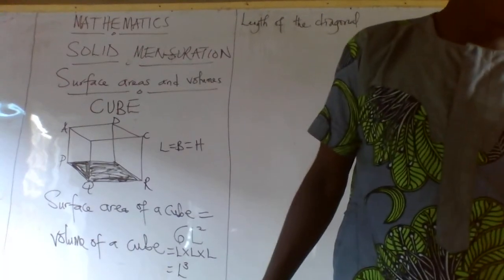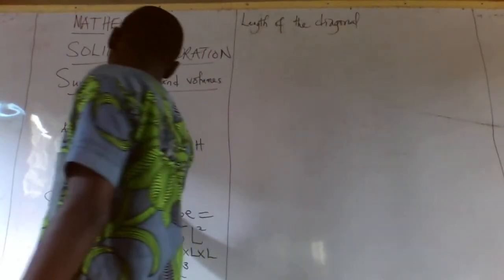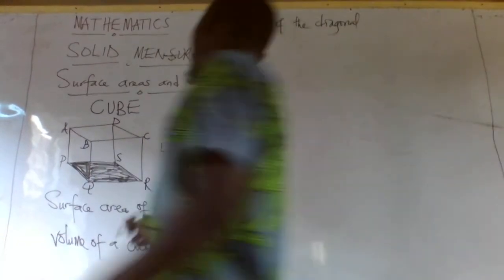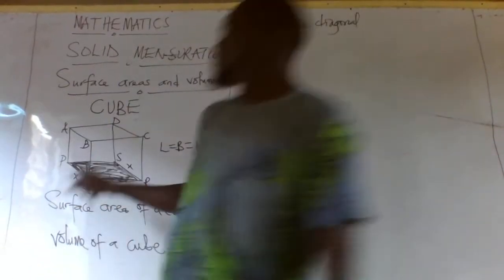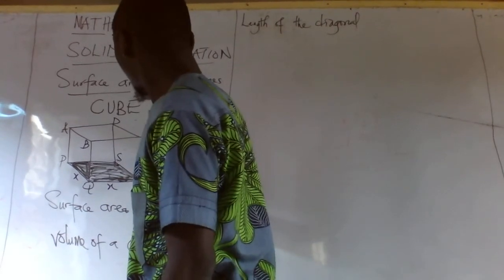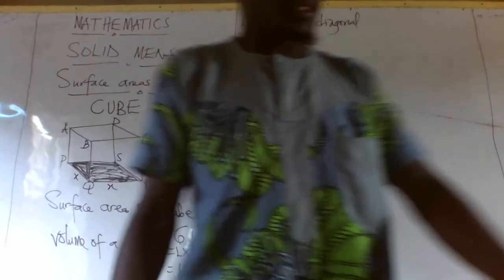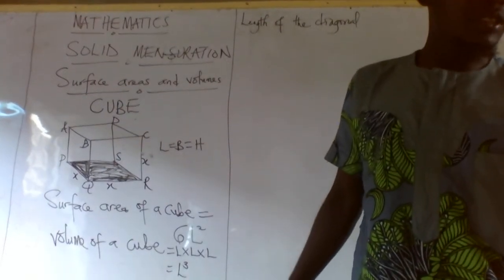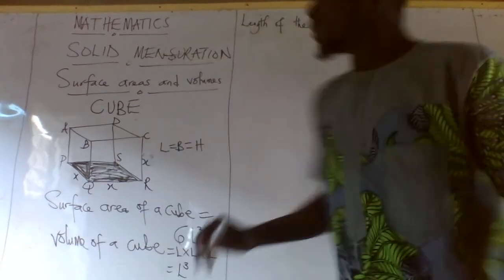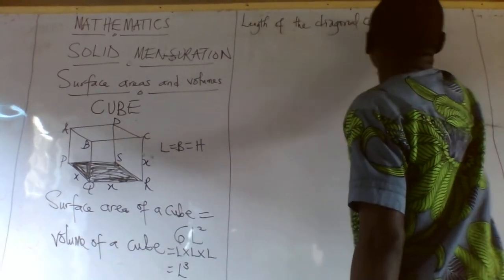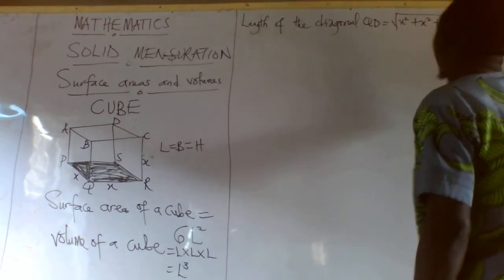Then we label this place to be B, and we label this to be S. And we say this particular place is X, this is X, and this is X. Now, if we want to calculate the length of the diagonal QD, from here to this point, the formula is: the length of the diagonal QD is given as the square root of x squared plus x squared plus x squared.